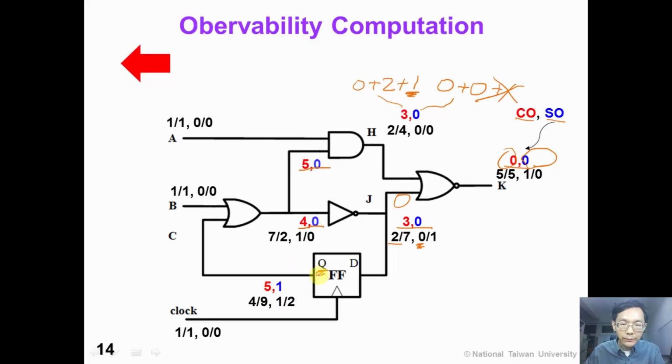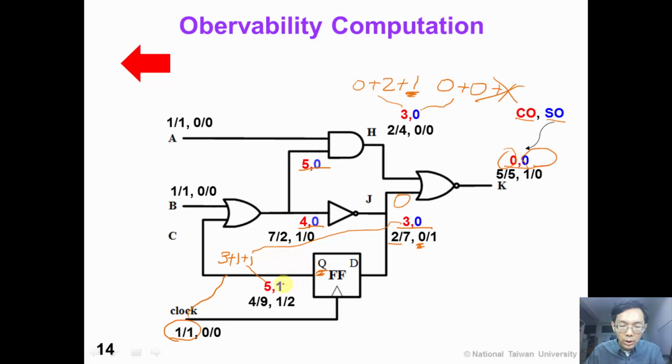For the output of the flip-flop Q, the combinational observability is equal to the CO of D, which is 3, plus the controllability of the clock. So 3 plus 1 plus 1, which is equal to 5.